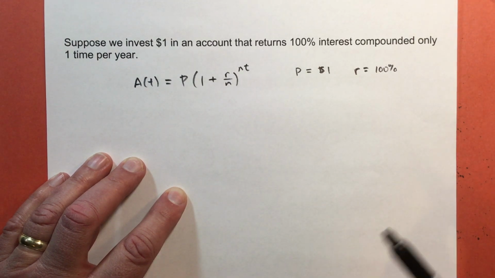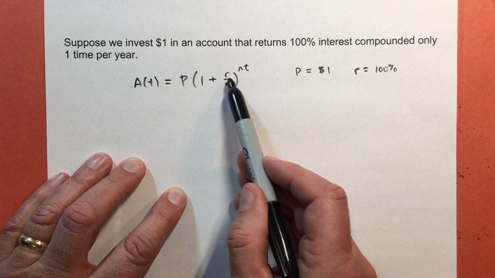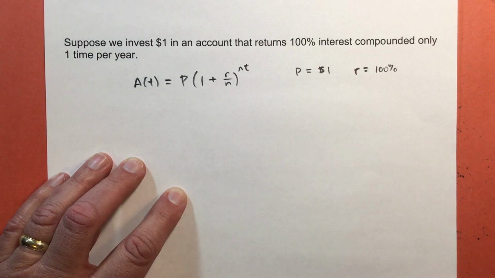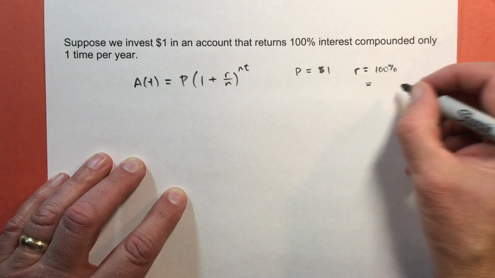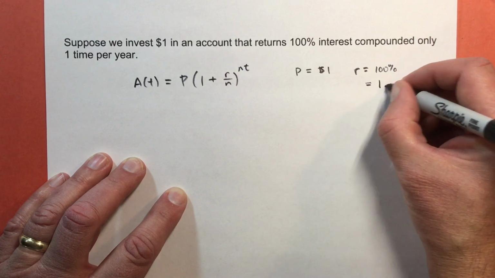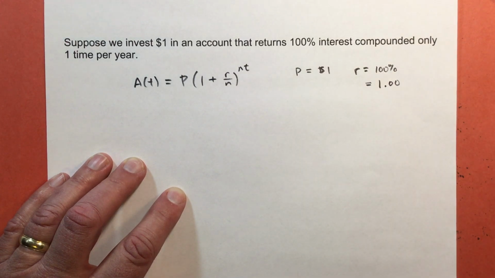But how would I change it? I would do a conversion inside here, which again, we're going to first do it with the easy numbers, okay, and then we'll look at the patterns. How do I write that as a decimal? Well, that's just 1. You can say 1.00, but 100% is just 1.